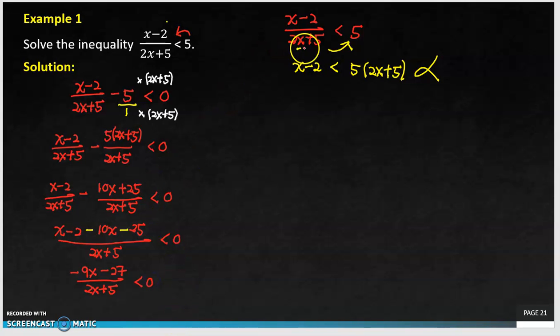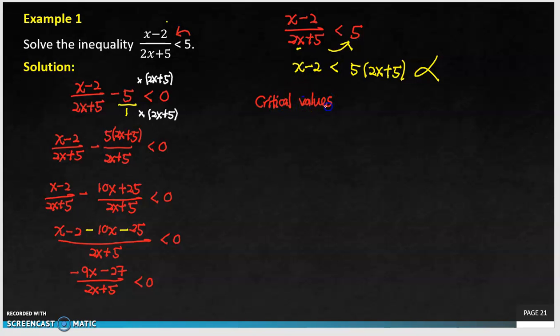So again, you have to remember, never multiply the denominator with variable x to the other side. Second, we move 5 to the left hand side to make sure that one side is 0. Then we simplify, and here is the simplest form. Next, like a quadratic equation, we try to find the critical value.